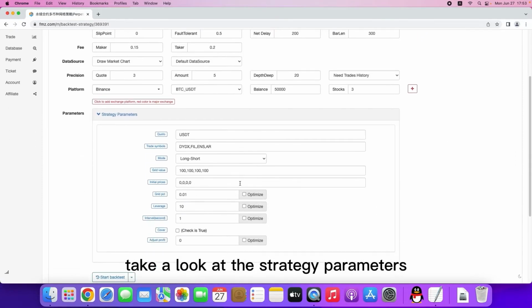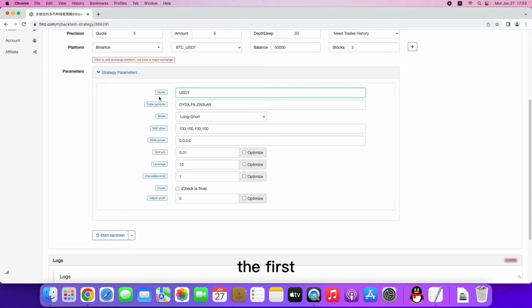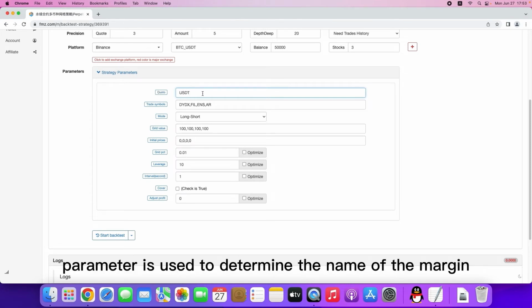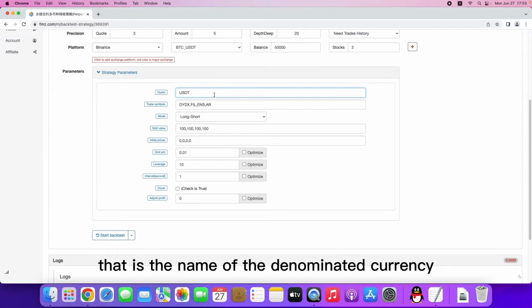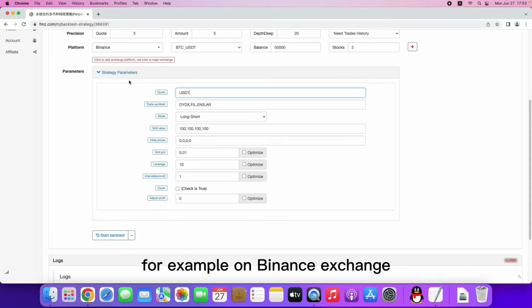Take a look at the strategy parameters. The first parameter is used to determine the name of the margin. That is the name of the denominated currency. For example, on Binance Exchange, where USDT is used as a margin contract, USDT must be filled in this place.